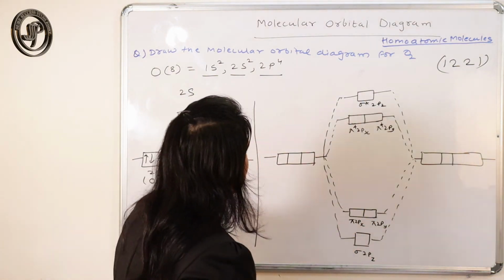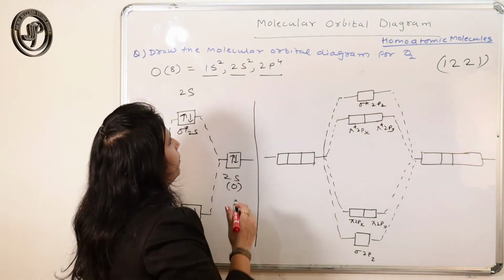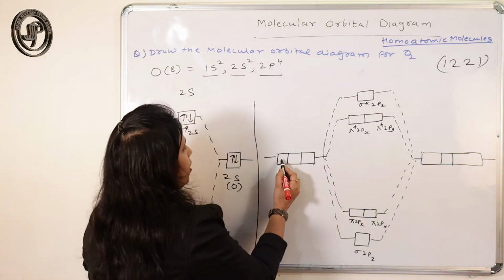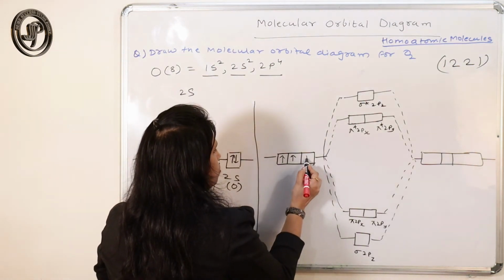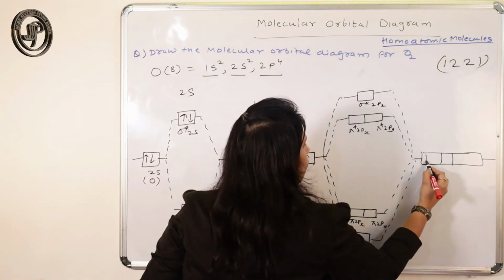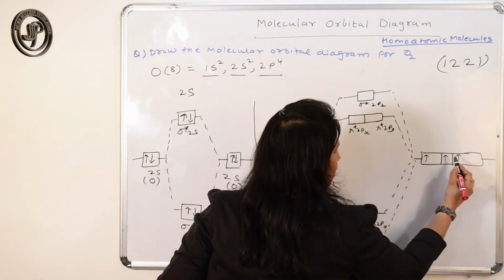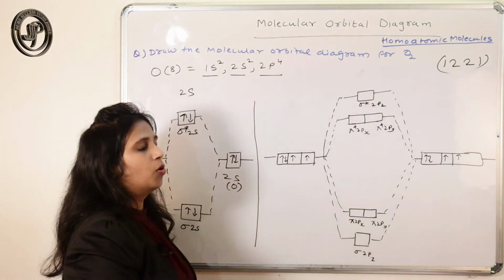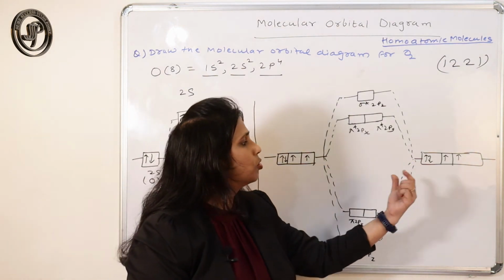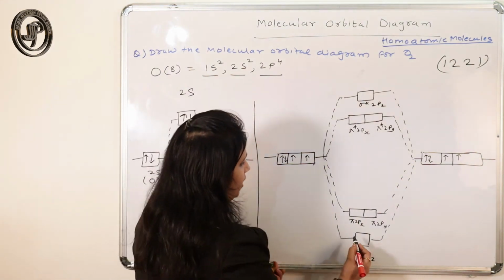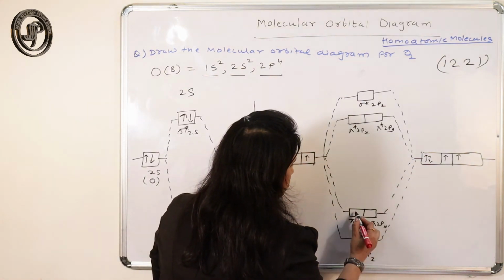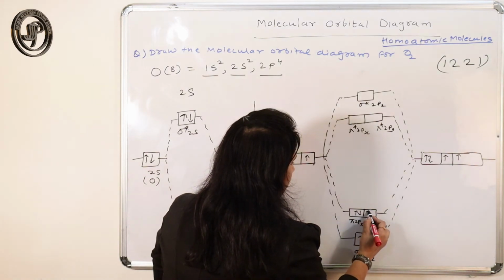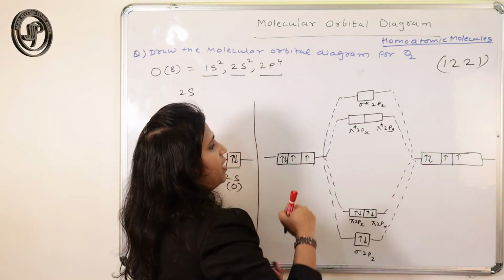Simple. So how many electrons are in P? 4. So 4 electrons, 4, 4, total 8 electrons. Just fill 8 electrons: 1, 2, 3, 4, 5, 6, now 7, 8.